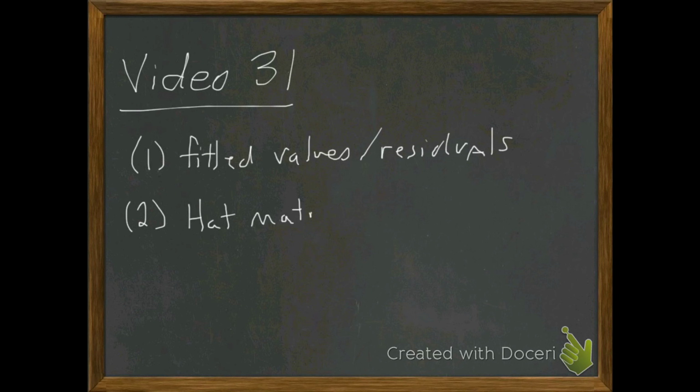This turns out to be a really important matrix that will not play as big a role right now, but once we get into trying to identify influential observations, it plays a big role. And finally, I want to talk a little bit about the variance covariance matrix.